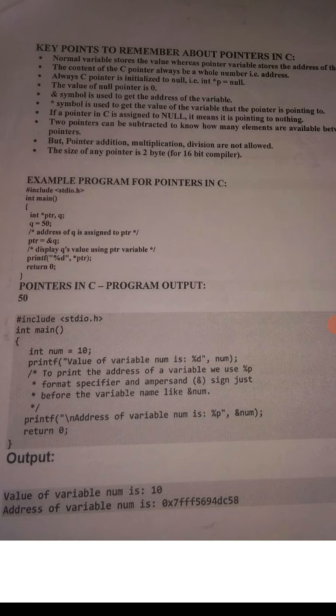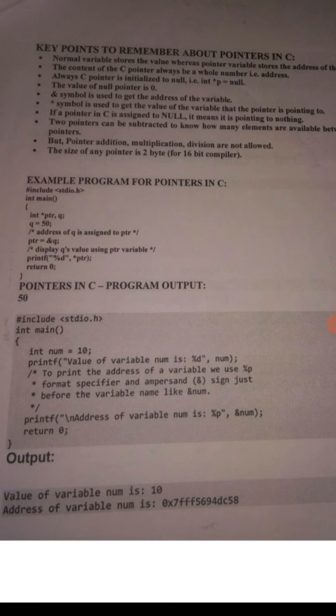Then next, another program. See, #include <stdio.h>, a standard library. int main, this is the main function. See, int num = 10. Integer is a data type, and num = 10 is initializing the number.